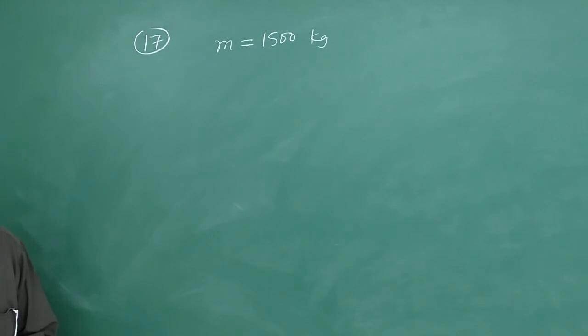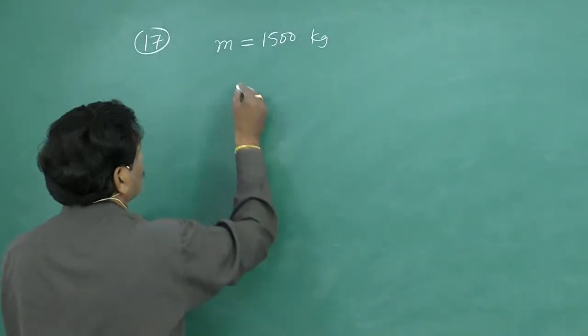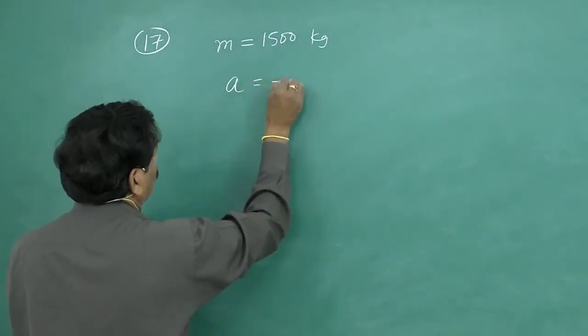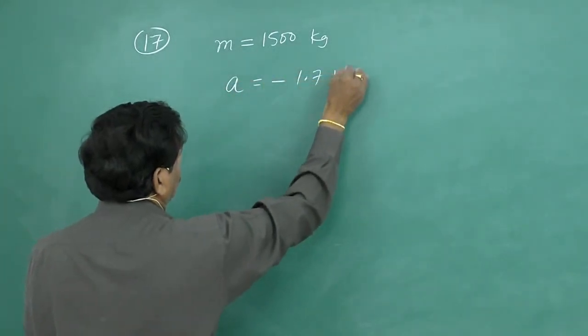Finally the vehicle is stopped, and for this the negative acceleration a is equal to 1.7 meter per second square.